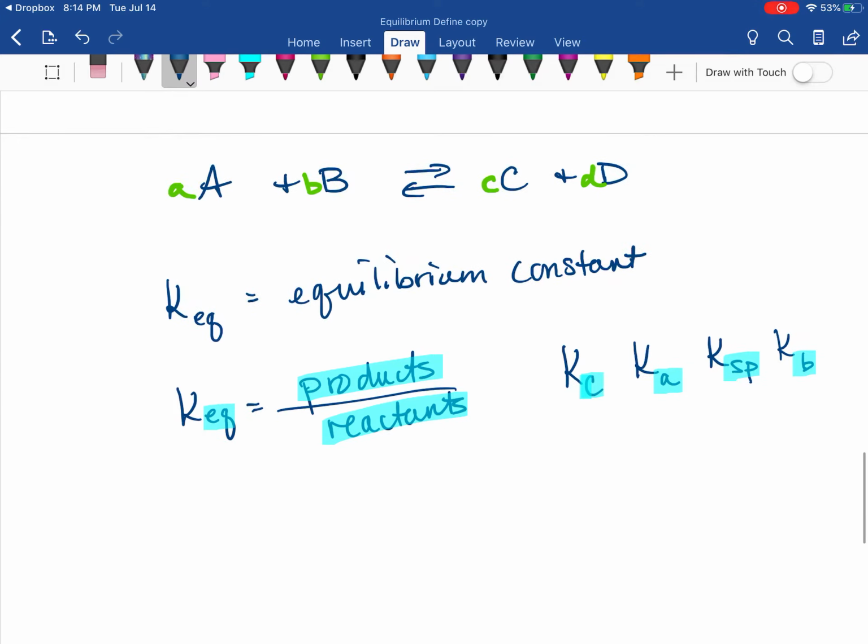So don't be confused if you look it up and you see a big K, but it's got a different little subscript to it. So we're literally going to add math to this. We're going to calculate our ratio of products to reactants. That doesn't sound too bad, does it? But wait, there's more. We're going to include moles.